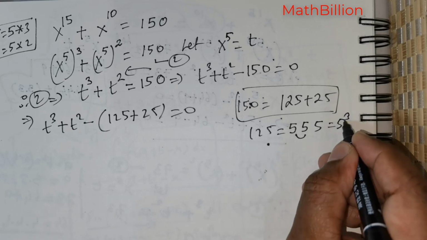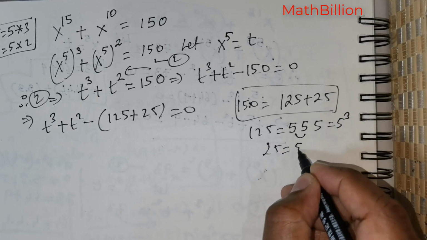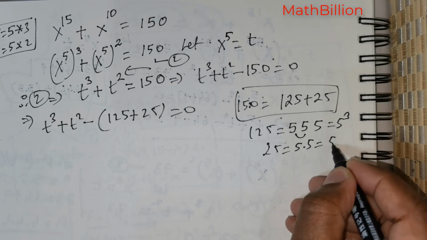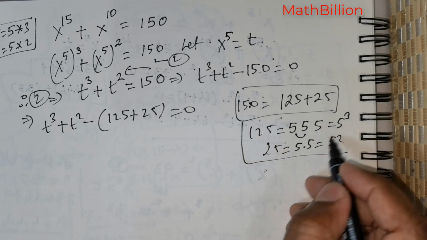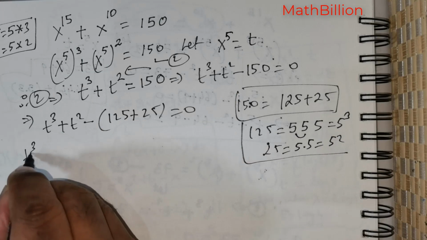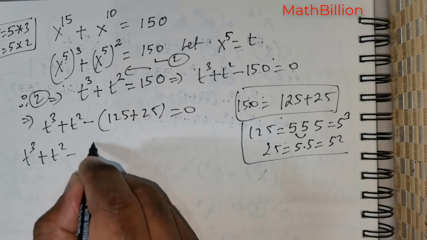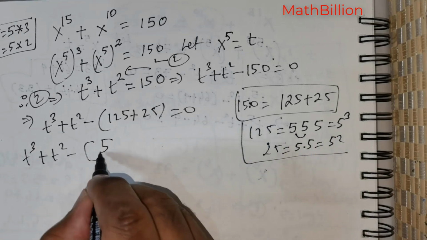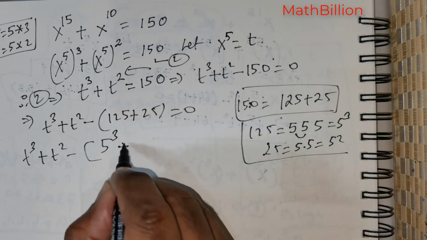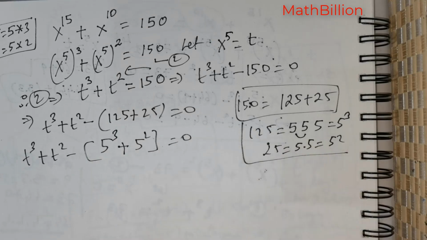So this is 5 cubed. Now 25 is nothing but 5 into 5, which is 5 squared. So I would be utilizing this over here. So t^3 + t^2 - 5^3 + 5^2 = 0.